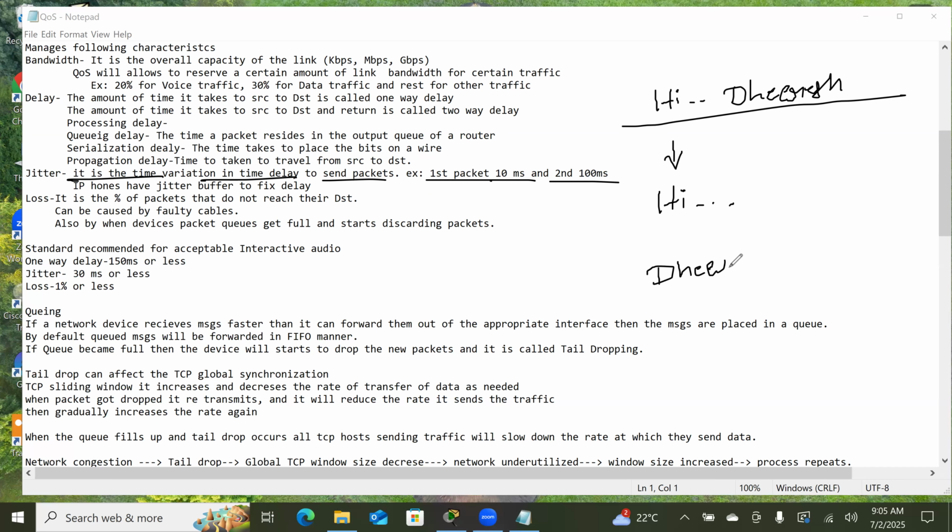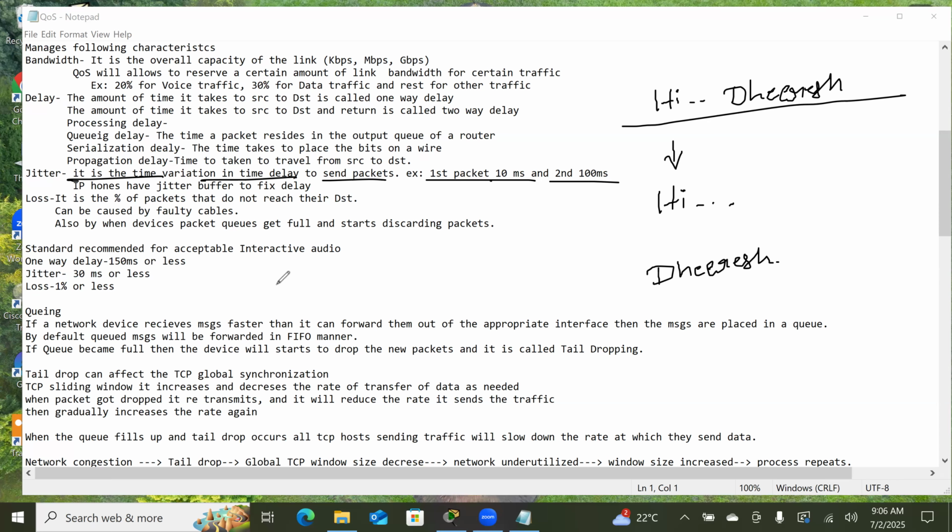Is that okay? Yes, after 100 milliseconds, Dhiresh is reaching. I already said continuously, hi Dhiresh. But at the destination, it is reaching like: hi, then it takes a pause, and then it says Dhiresh. It's not going to work like that.